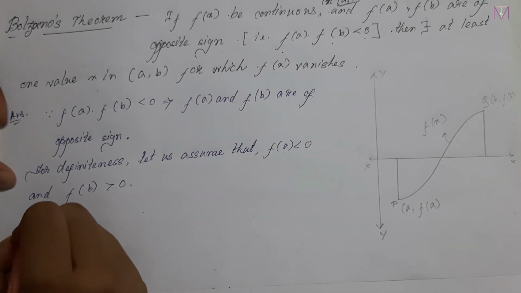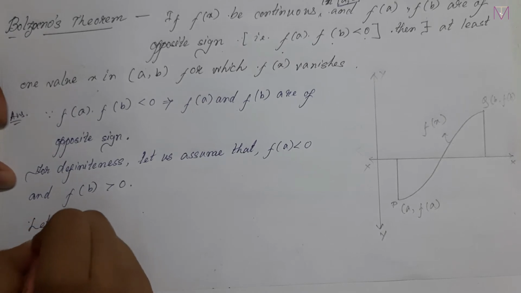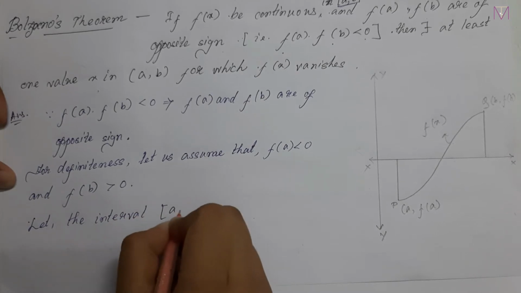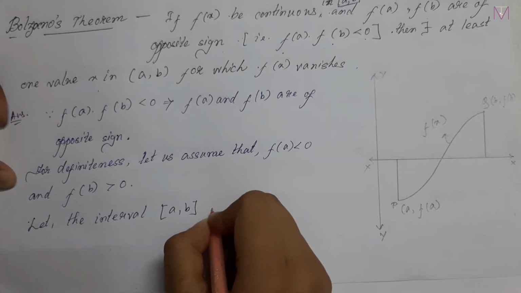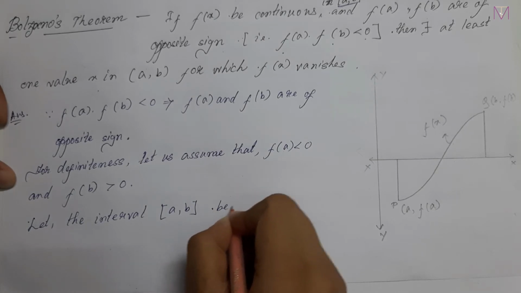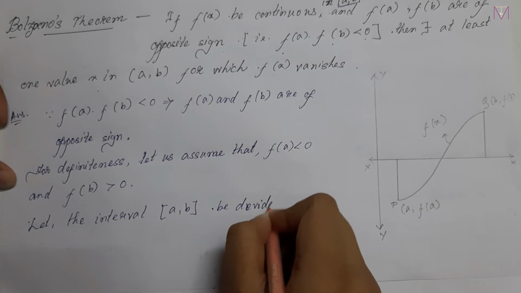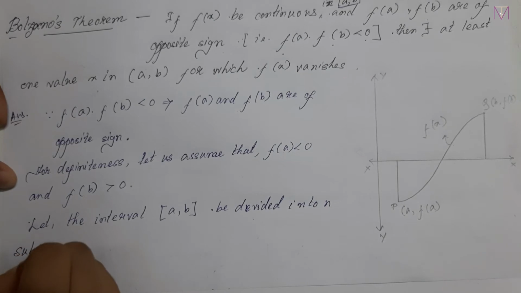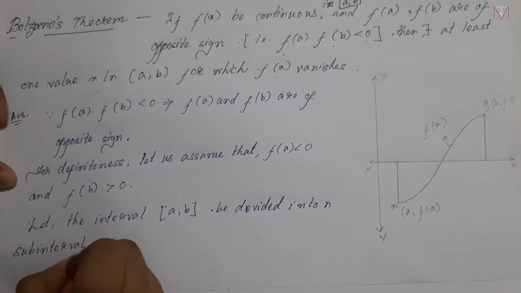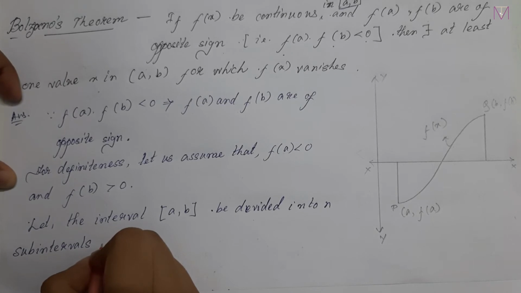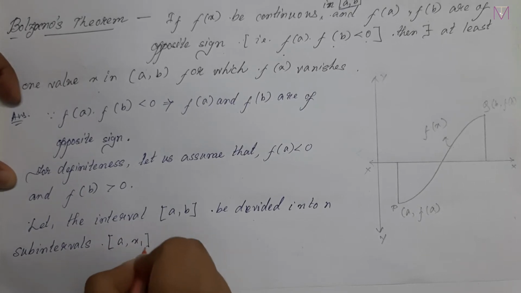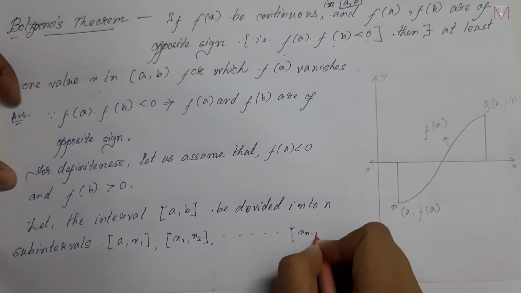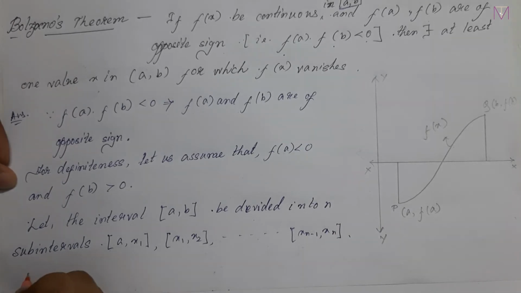Now let the interval ab be divided into n equal subintervals by the points x1, x2, and in this way x_{n-1}, x_n.